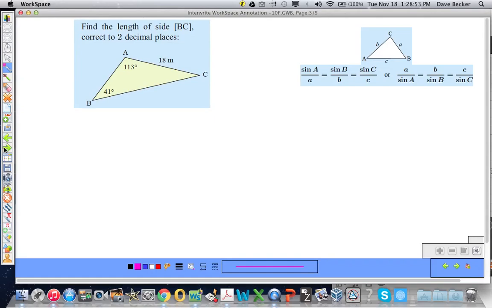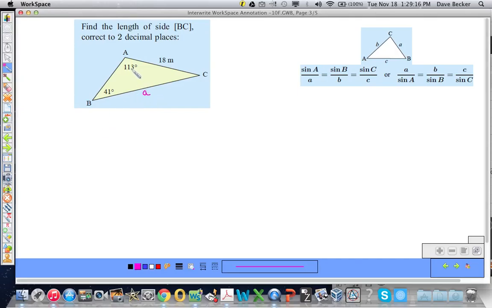We are going to move on to our first example. We are being asked to find the length of side BC, which is opposite angle A, so I'm going to label it little a.